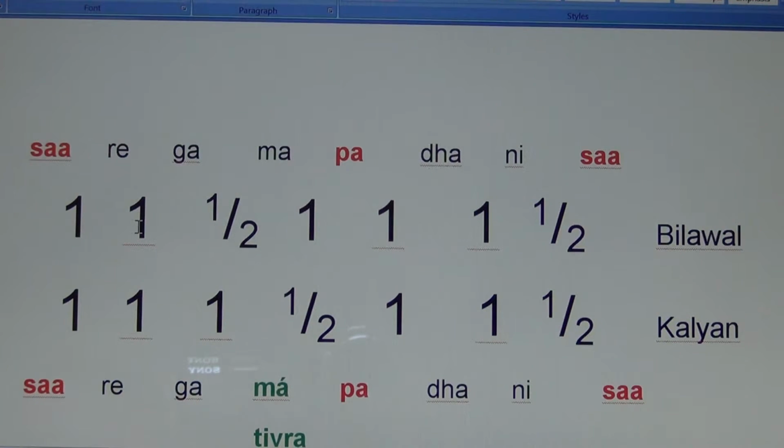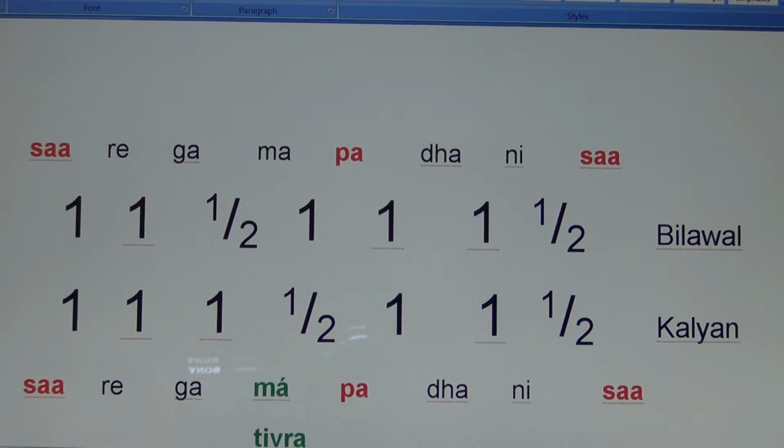Here it's a full note, but when we look at the interval between Sa and Pa, it's 3.5, and here it's also 3.5. So that's fine. And then everything else remains the same. So in fact, Thaat Kalyan or Yaman Kalyan, the only difference between that and Bilawal would be Ma is sharpened and it becomes Tivra Ma.